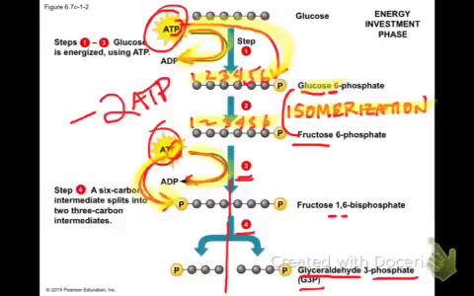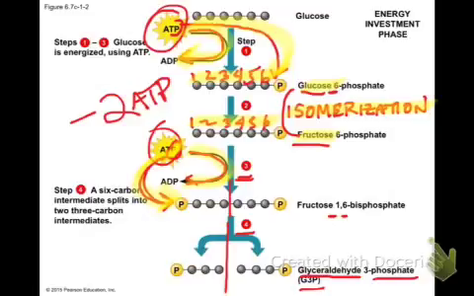It's put together structurally differently. So glucose and fructose are isomers. They're just arranged or built differently. So here you have an isomerization going on, going from glucose to fructose in that particular process. There again, I'm not going to make a huge federal case out of it. I'm just trying to explain what's happening here.